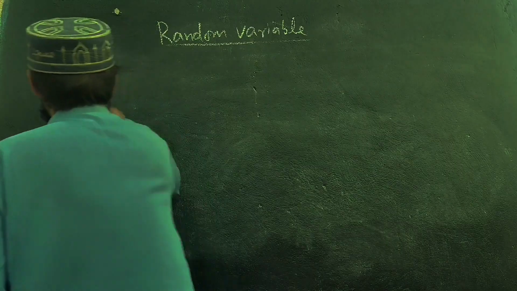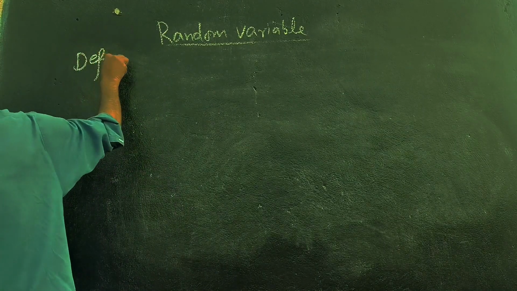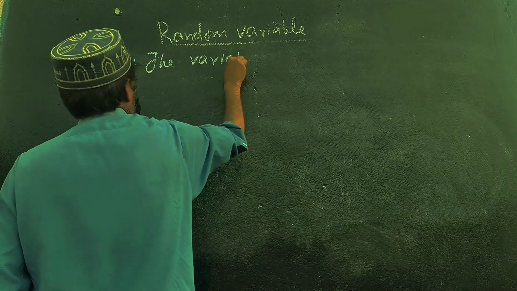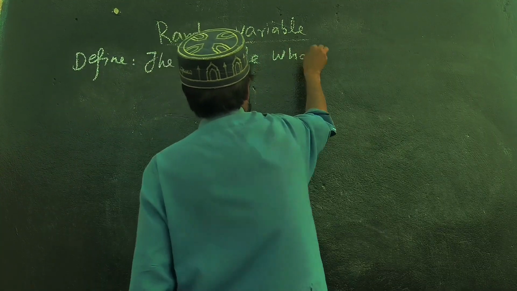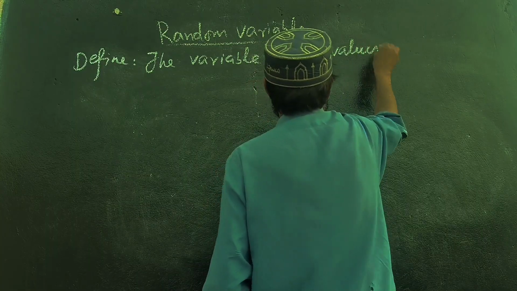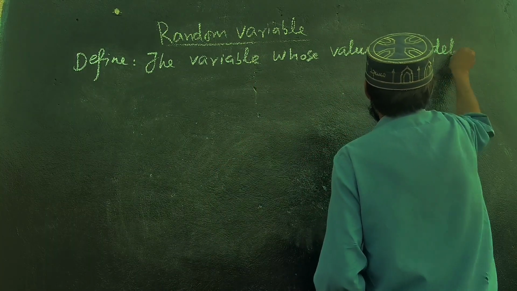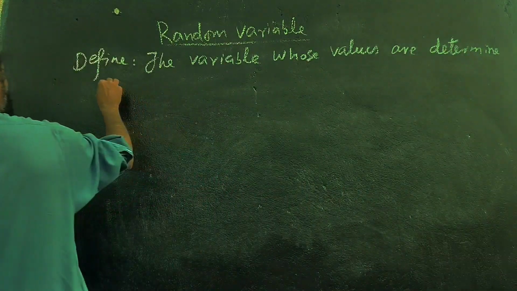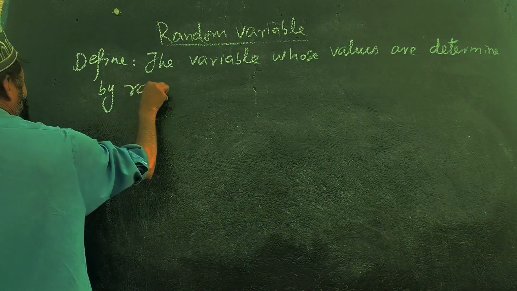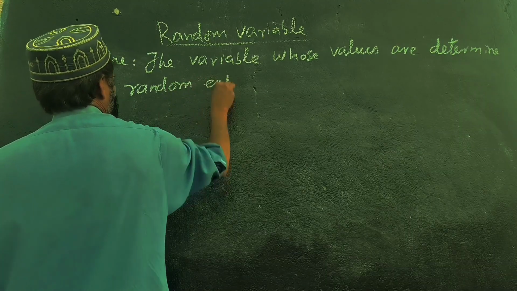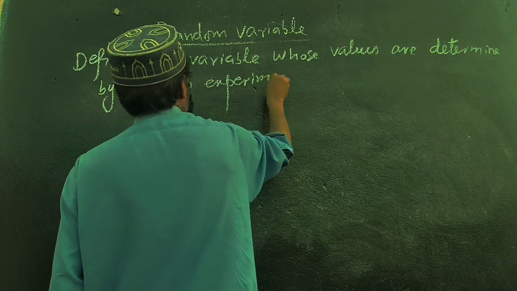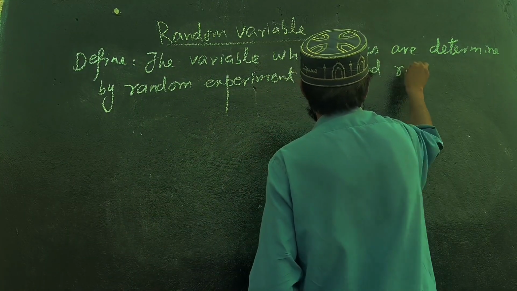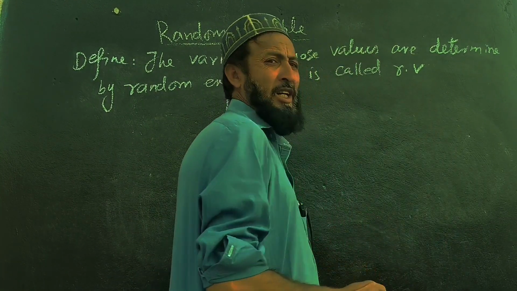First of all, we define the definition: the variable whose values are determined by a random experiment is called a random variable. Random variable abbreviation is R.V.